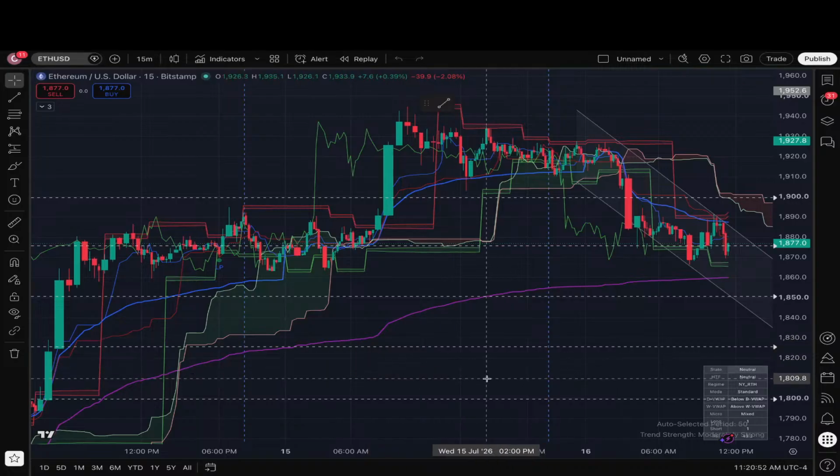But bear with me, follow along, and I'll break down how to make money trading options with Ethereum specifically, because that's the one I love. I say Ethereum, and I'm partial to Ethereum because Bitcoin and Ethereum go hand in hand, as well as pretty much every cryptocurrency follows the trend of Bitcoin.